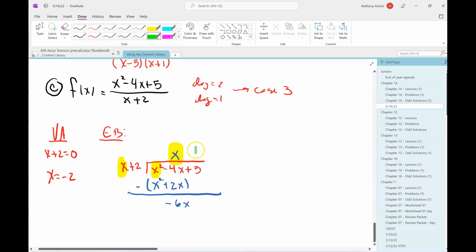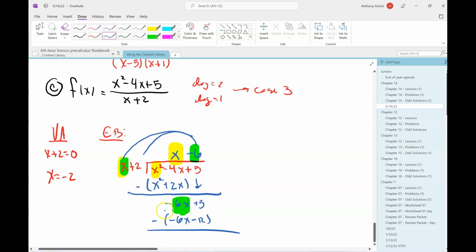Okay. We then ask ourselves, what times x gives me negative 6x? That would be negative 6. Distribute that over there. Subtract down. Negative 6x minus a negative 6x is 0. Positive 5 minus a negative 12 is 17.